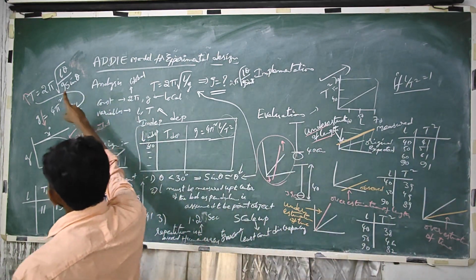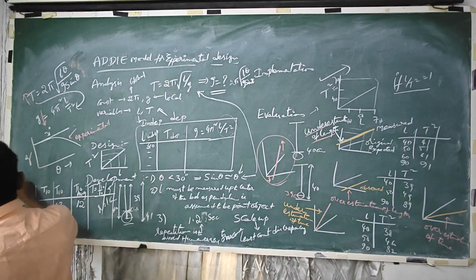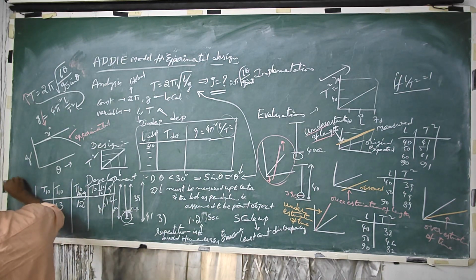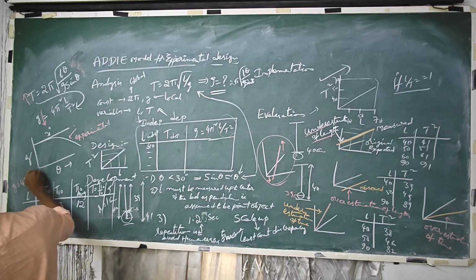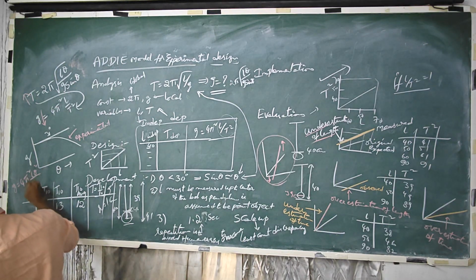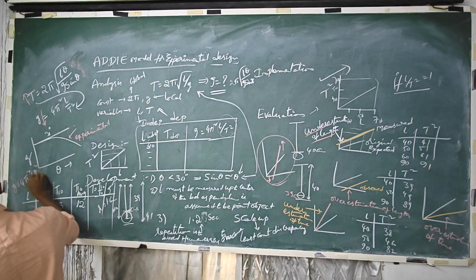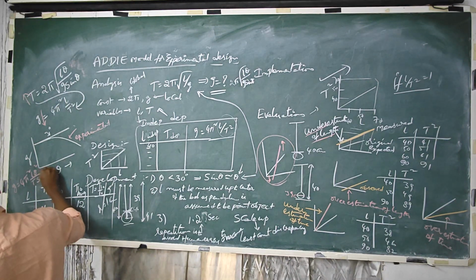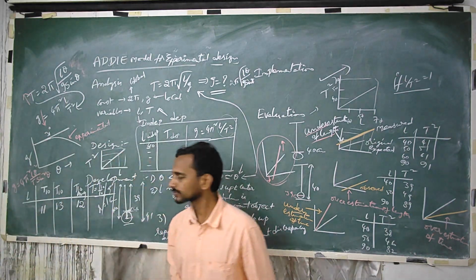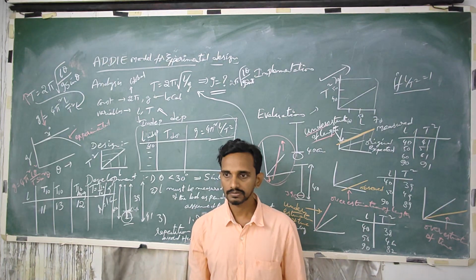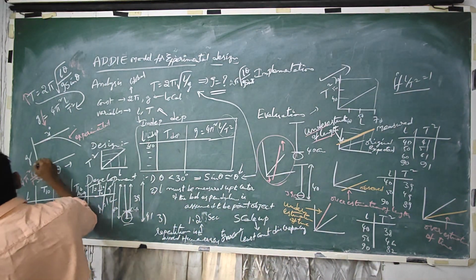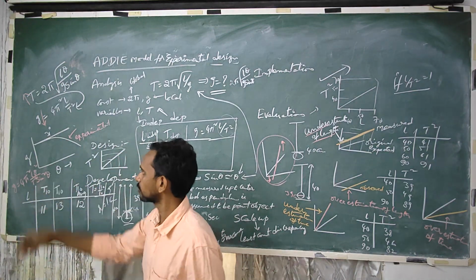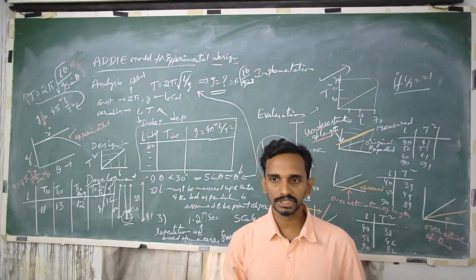But what does the actual formula say? g is equal to 4 pi square L theta square by T square sin square theta.